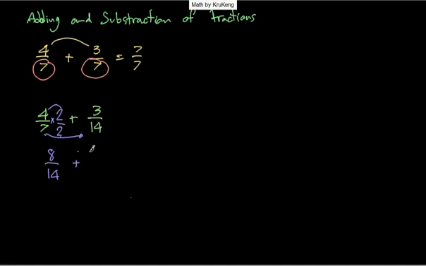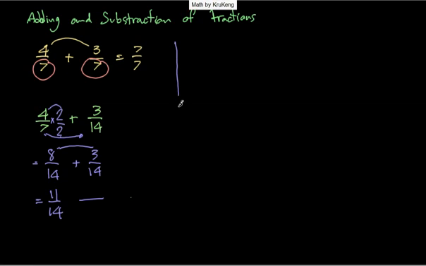So we're going to have this plus 3/14. So next step, we just add 8 by 3. We're going to have 11/14, just like that. So now we have the answer.